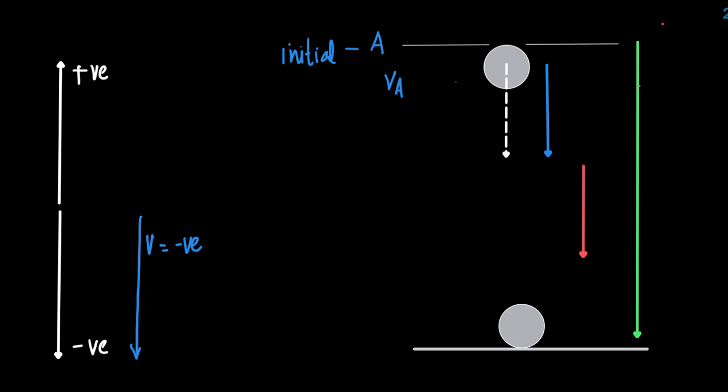That will also act downwards, and therefore, acceleration due to gravity, A is minus G here. Why minus G? Because it's acting downwards, and downward we are taking as negative. This is the initial position, final position. Displacement vector is from the initial to the final, which means displacement vector is also acting downwards. Therefore, S is also negative.